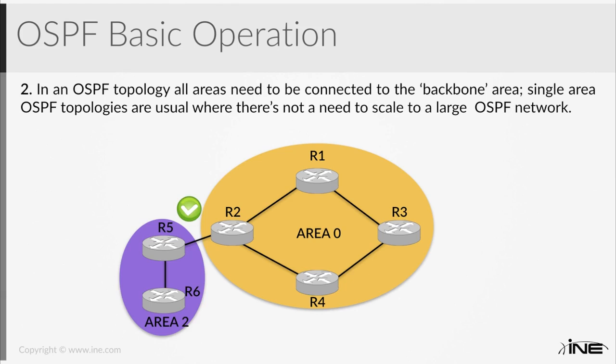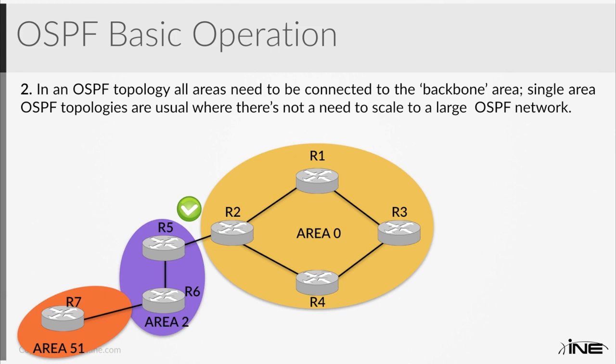What is not good design, what is not even allowed by OSPF, meaning it's not gonna work, is this. So we have area 51 connected to area 2, but it's not connected to area 0, so OSPF is not going to accept this.